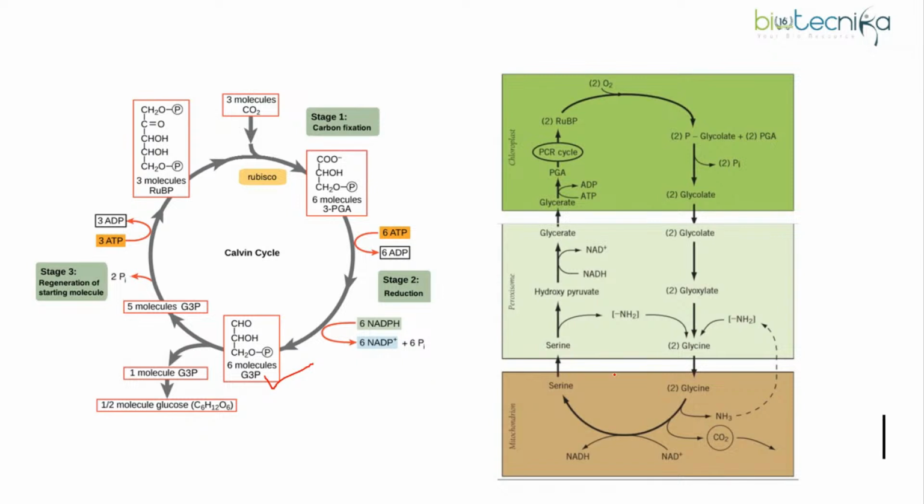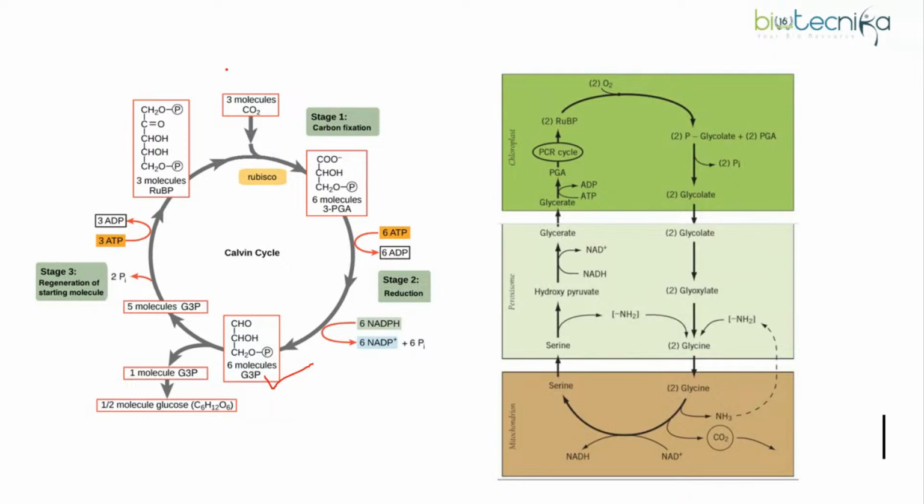And the C2 cycle, which is the oxidative carbon cycle, involves the conversion of 2-phosphoglycolate to 3-phosphoglycerate, which then further enters into the C3 or reductive pathway.